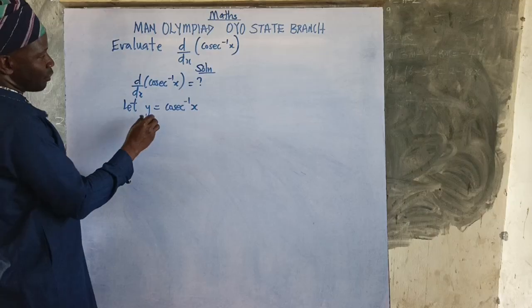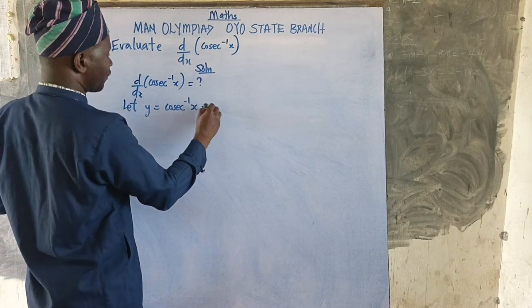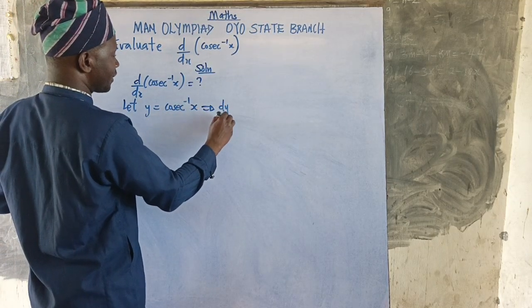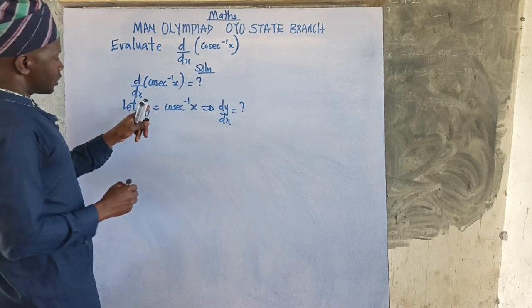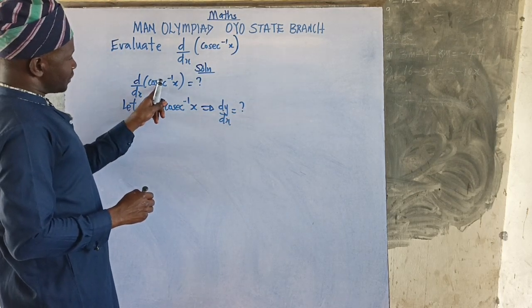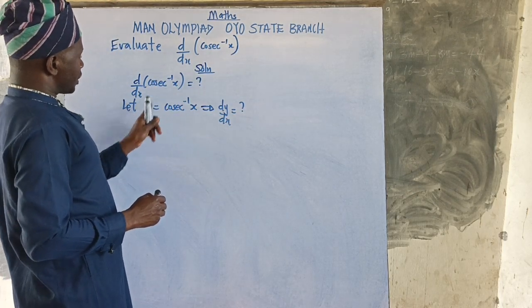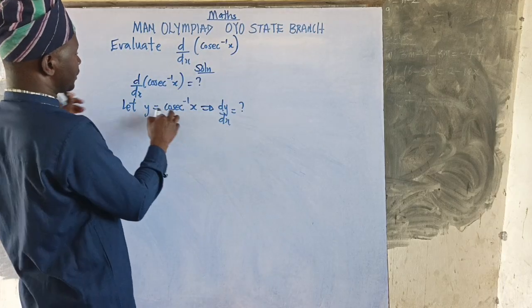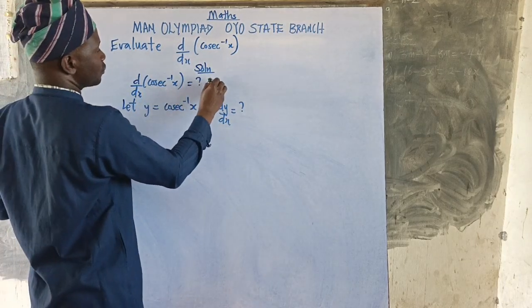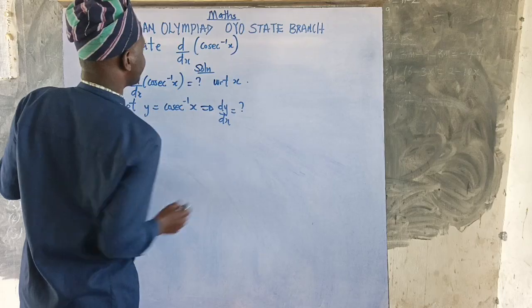So that implies that we want to find dy/dx. Because we are using y for this function, we are to find dy/dx. That means we have to differentiate this function with respect to x. So that is the meaning.